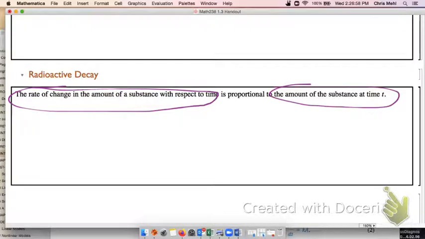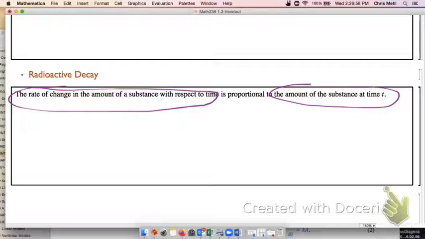Okay. Now, anytime you have quantities related to each other with respect to another variable, such as time, and basically the amount of a substance at time t, and it says how that's related to the rate of change in the substance with respect to time t.